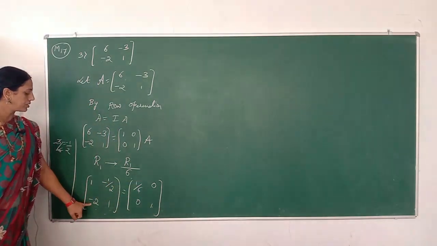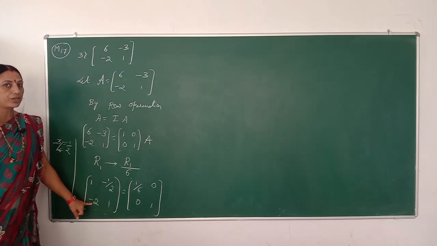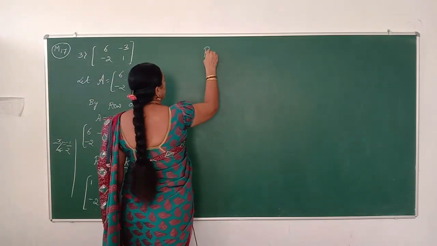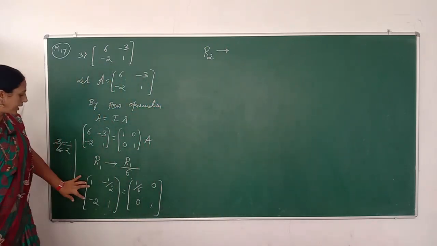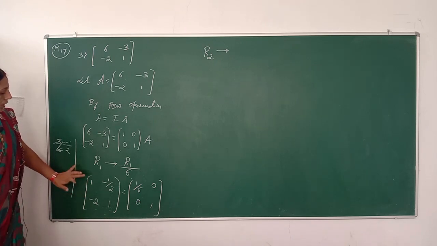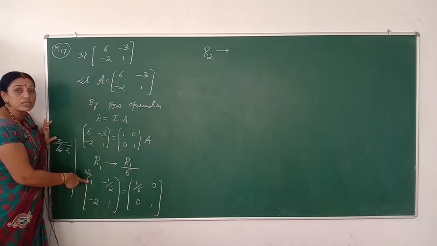Then the next element is minus 2. So minus 2 can be reduced to the form of 0. So R2 can be changed with. Now R2 changes with, but suppose these two are added or subtracted with each other, it is not equal to 0. Suppose I multiply these elements by 2, then minus 2 plus 2 is 0.